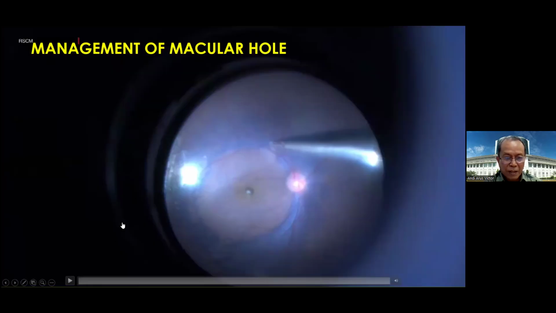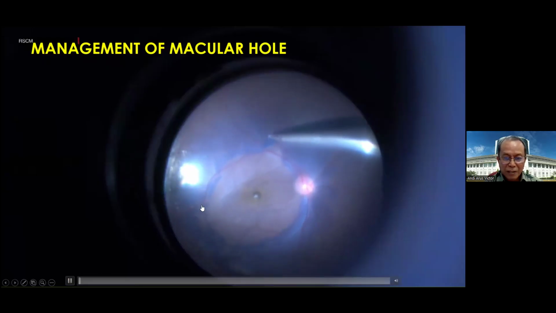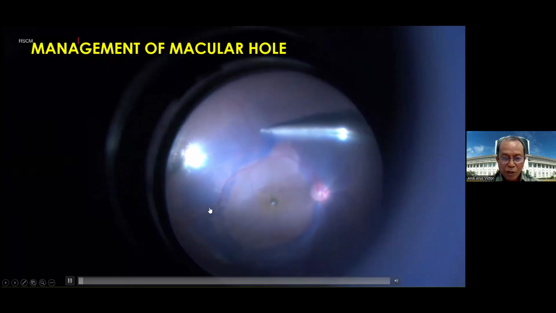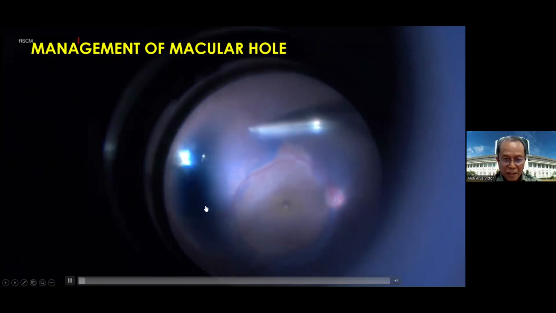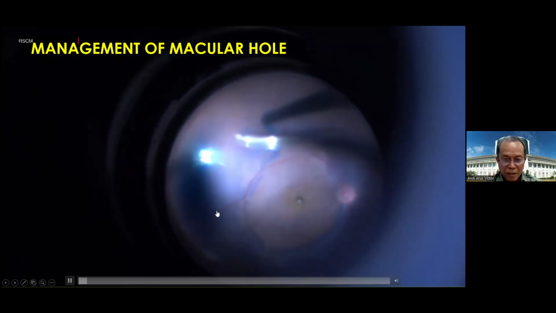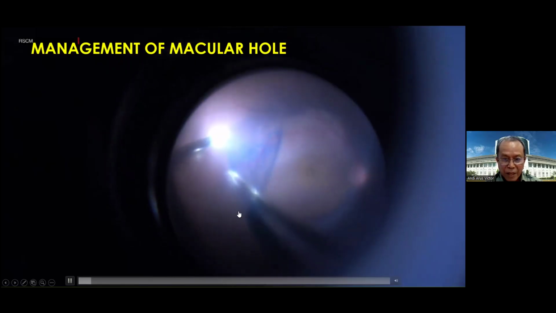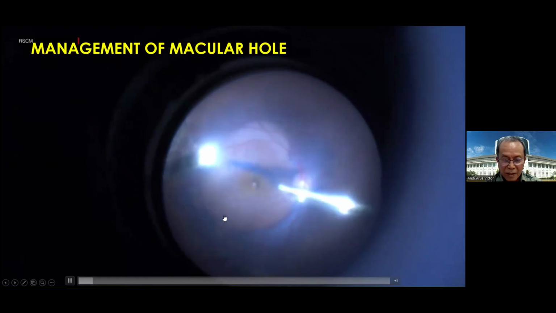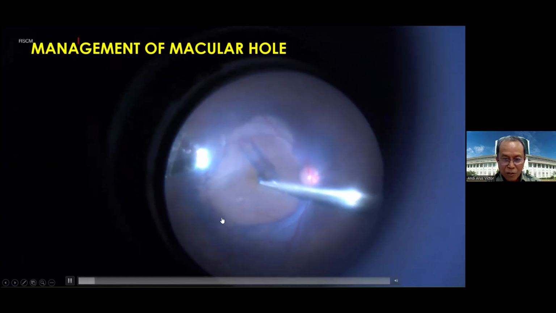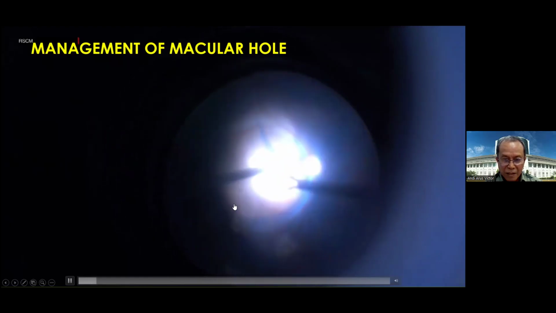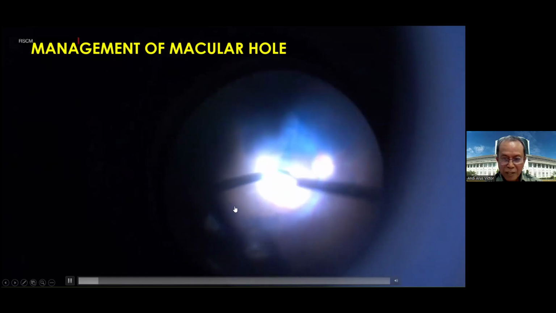Another video: this is a refractory macular hole, a vitrectomy with ILM flap. Dr. Mario did this operation.